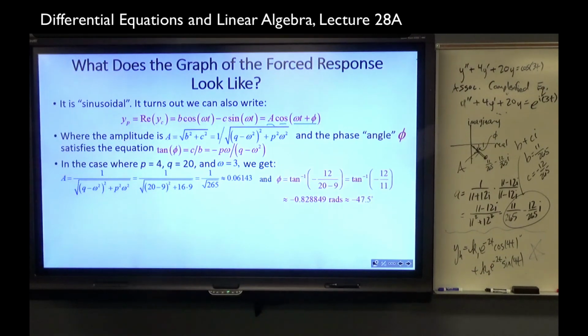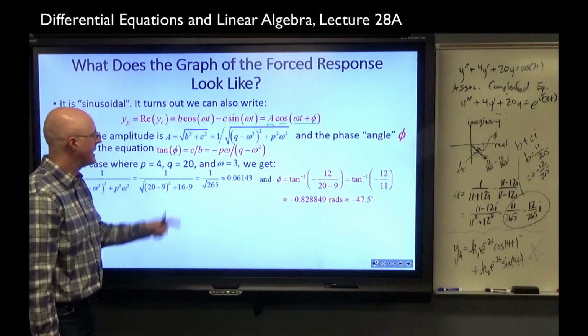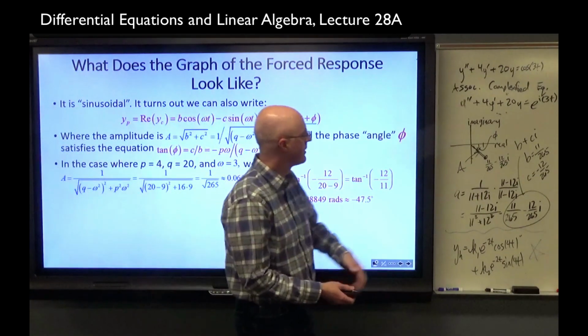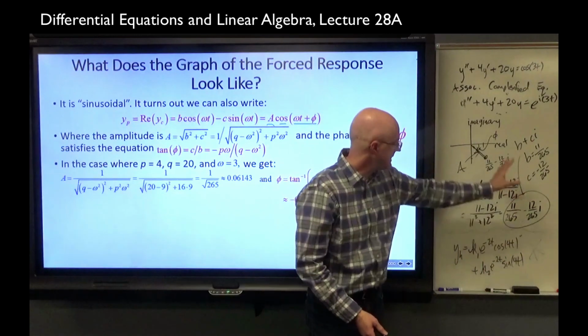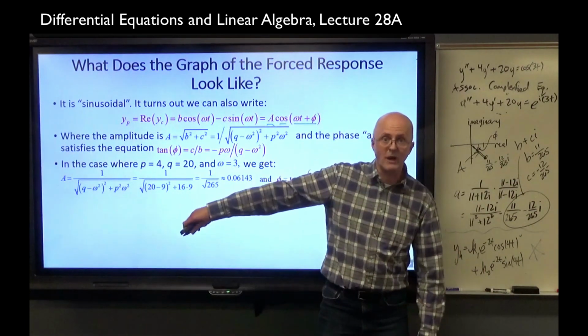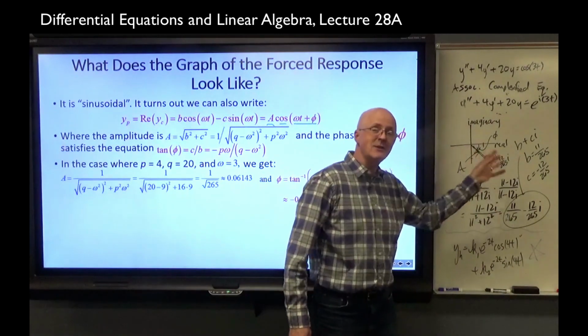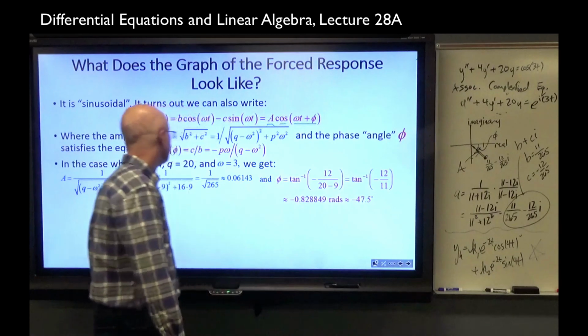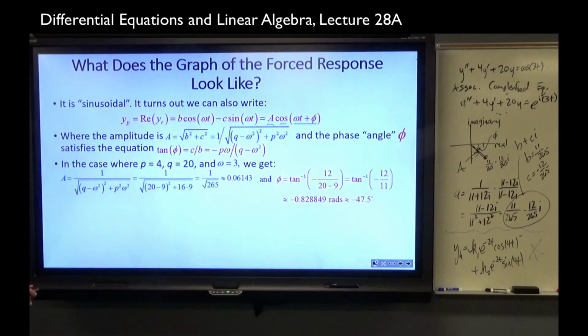And the phase angle we solve for in this equation by taking the inverse tangent, which is okay to do when your number is in the fourth quadrant of the complex plane. If it were in the other possibility, the third quadrant over to the left here, then you'd have to take the inverse tangent and then subtract pi radians from it. But it's in the fourth quadrant.